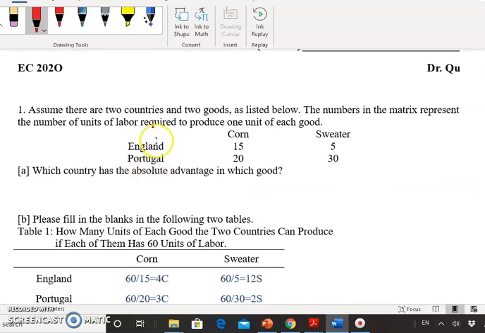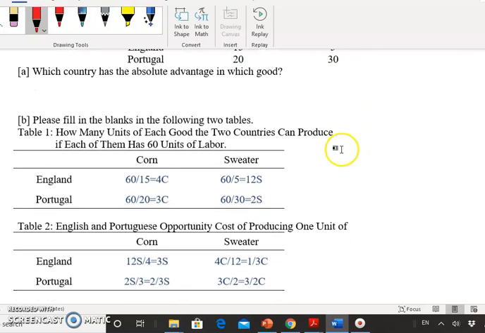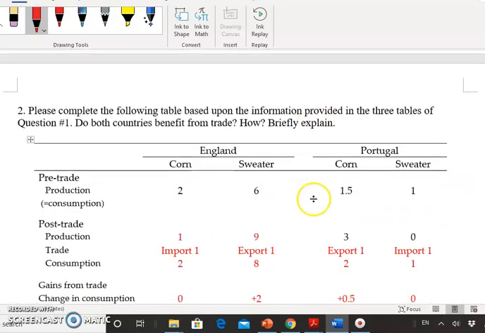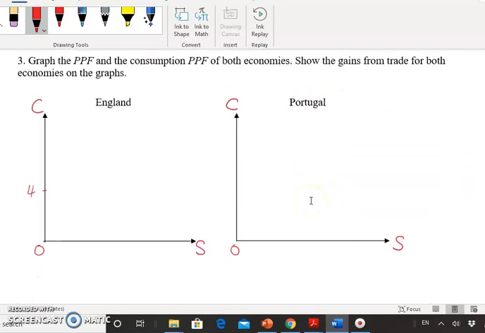Now, if England chooses to produce sweaters, and every unit of its labor is devoted to sweater production, it will be able to produce 60 divided by 5, which gives us 12 sweaters. Let's put 12 here on the horizontal axis.